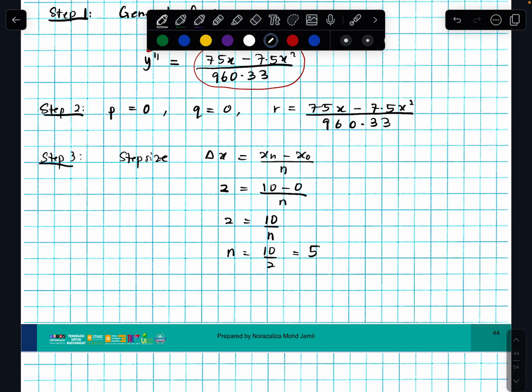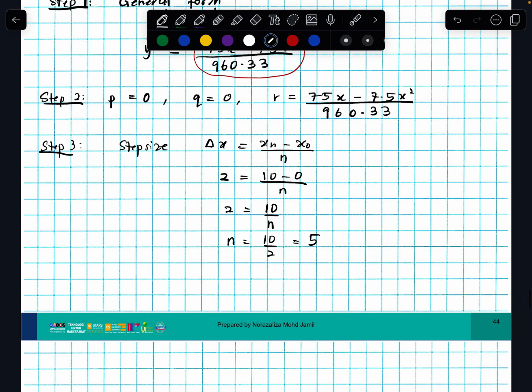Then the formula of finite difference method, you can refer to your maths formula book. Make sure you write this correctly.